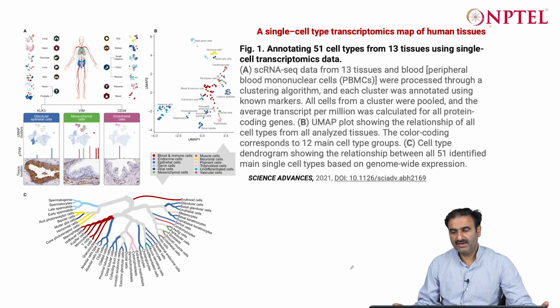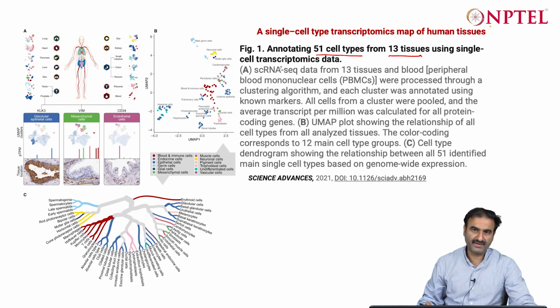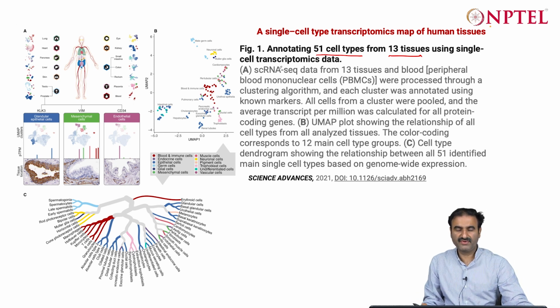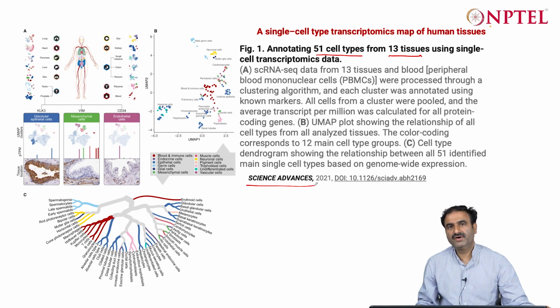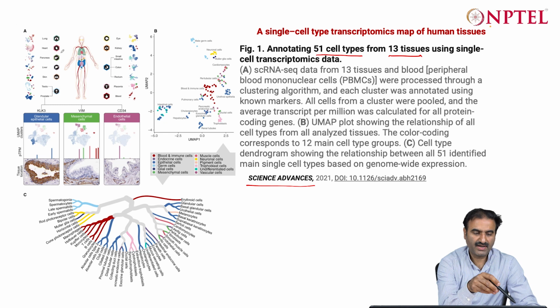Now in this picture, they have tried to create a single cell type transcriptomics map of human tissues. Okay, so basically the figure says annotating 51 cell types from 13 tissues using single cell transcription data. So in this work, in Science Advances recently, they extracted the transcriptome from different cells from tissues: lung, heart, pancreas, liver, skin, testis, prostate, eye, kidney, small intestine, colon, rectum, placenta, and blood.